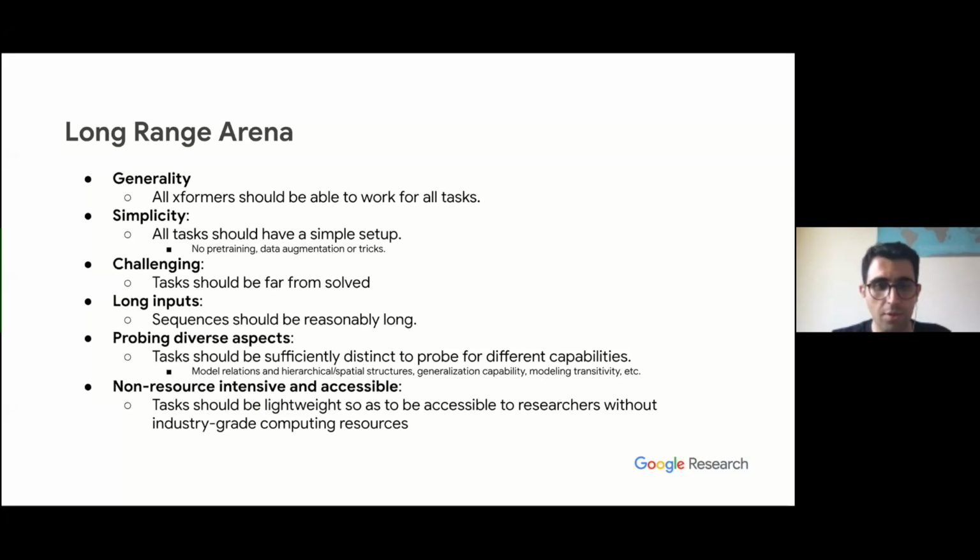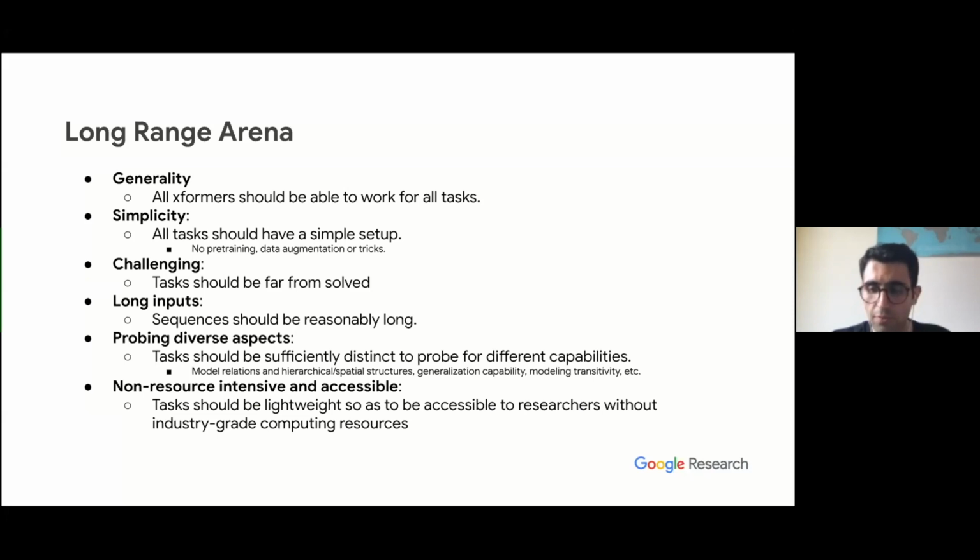We also wanted these tasks to probe different aspects of the quality of the model, in terms of, for example, how good they are at capturing relations or hierarchical and spatial structure, how they do at generalizing over length, and how they do at modeling, for example, transitivity, and different things that you can assume when you're dealing with long sequences.